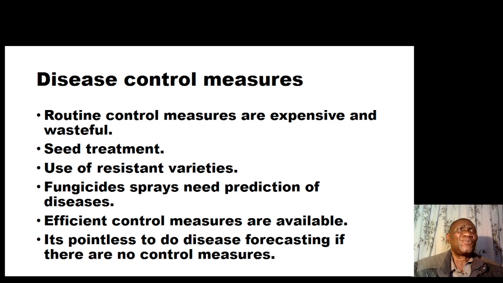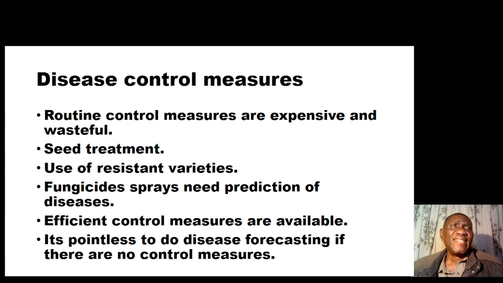So routine disease control measures are expensive and wasteful. Seed treatment can be important. You can reduce the occurrence of the disease. Use of resistant varieties can also help to reduce sprays.